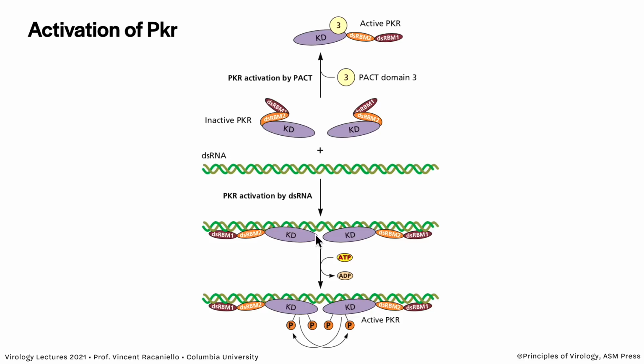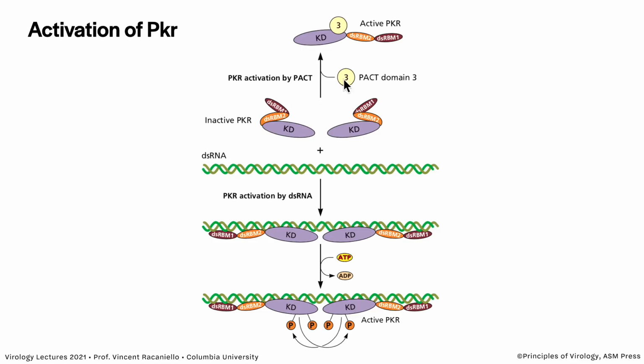And we believe that when you have two PKR molecules bound to the RNA, they phosphorylate each other, and that makes them active. It's now active PKR, and then it can go on to phosphorylate eIF2 alpha. So that's how double-stranded RNA activates PKR, because normally you don't want to have active PKR in the cell. It would shut down translation, and cells need to translate, right? And actually, PKR is regulated in uninfected cells.